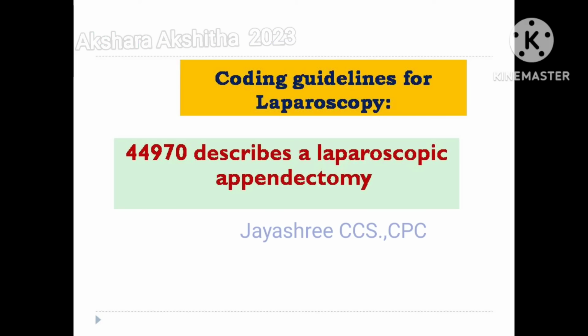Incidental laparoscopic appendectomy also we cannot bill separately. So when there is a diseased appendix with separate medical necessity, then only we can bill laparoscopic appendectomy with the other laparoscopy procedure CPT codes.